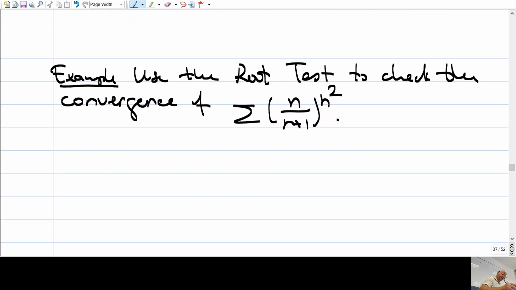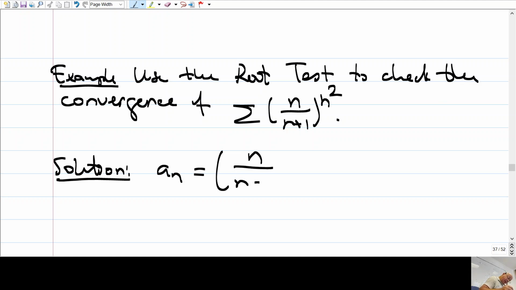Okay, let's see. Solution. So a_n is just (n over n+1) to the power n squared.